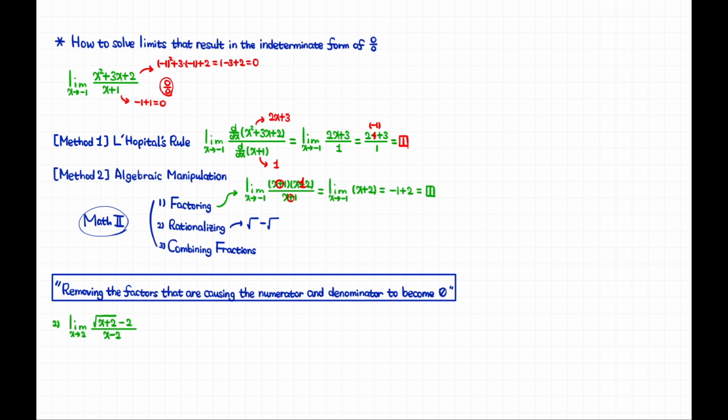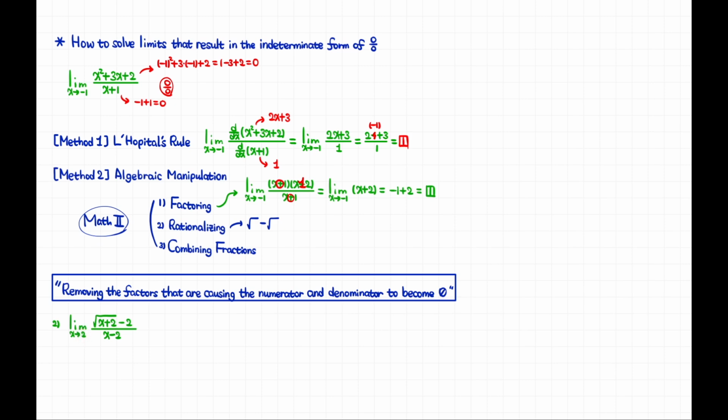Whenever you solve a limit problem, the first thing you should always do is check the form of the expression before doing anything. Okay? In other words, plug in the x value right away, which is 2.